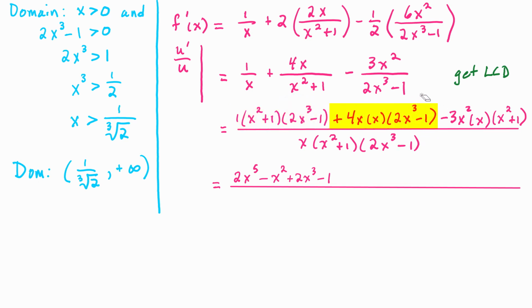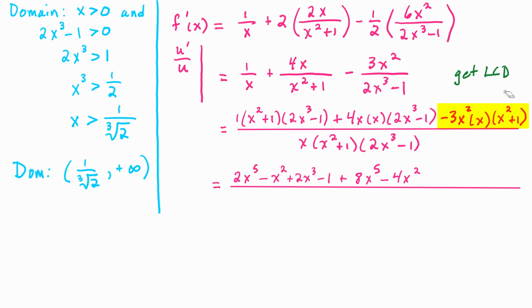From this second term, we are going to get 4x squared times 2x cubed is 8x to the fifth, and then 4x squared times a negative 1 means we need to subtract 4x squared.